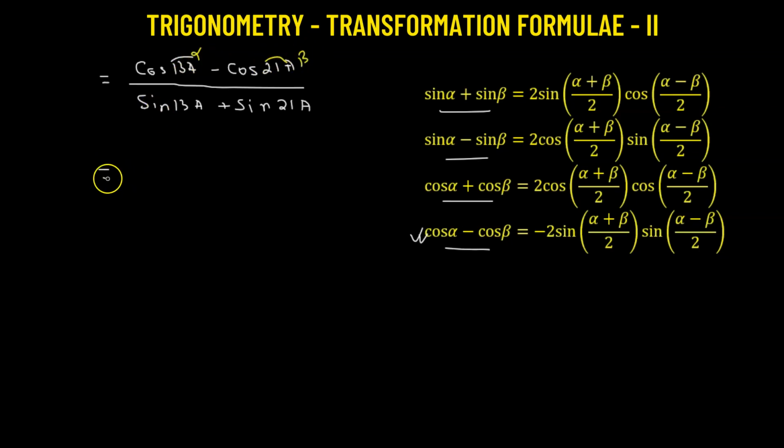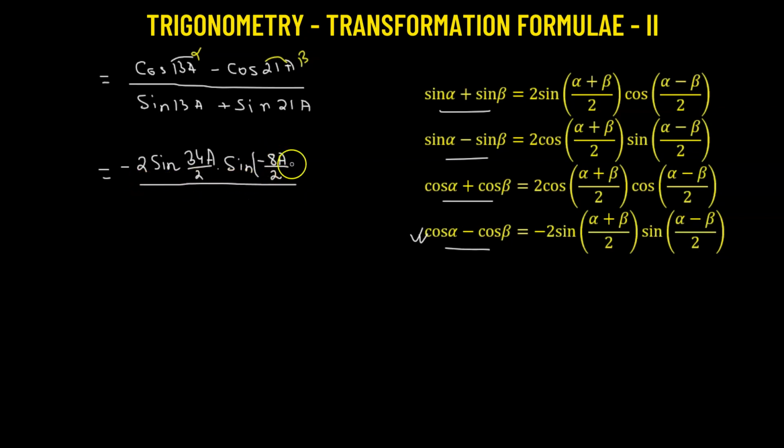So we should get negative 2 times sine of angle, we need alpha plus beta, so that's 13a plus 21a, which is 34a over 2, multiplied by sine of angle, we need alpha minus beta, so 13a minus 21a, that's negative 8a divided by 2.